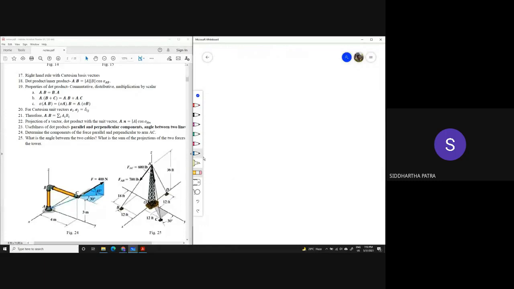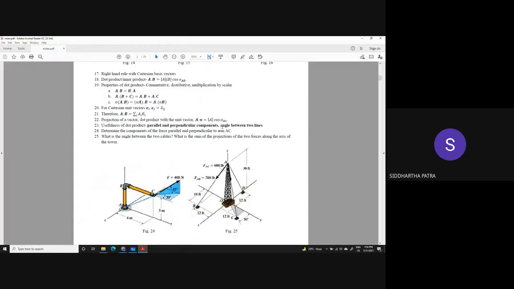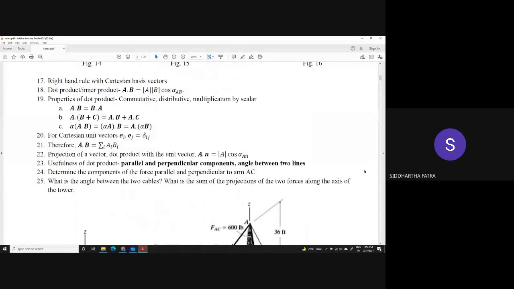Okay, so figure number 25. It's a pretty difficult image, but I hope you can figure it out.